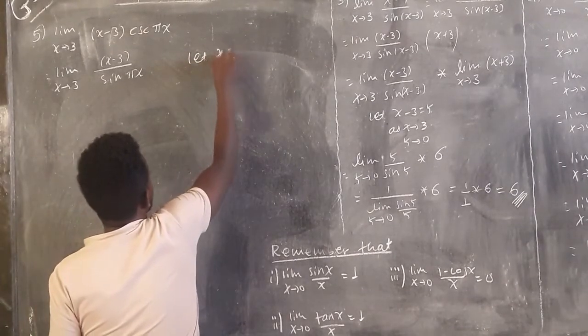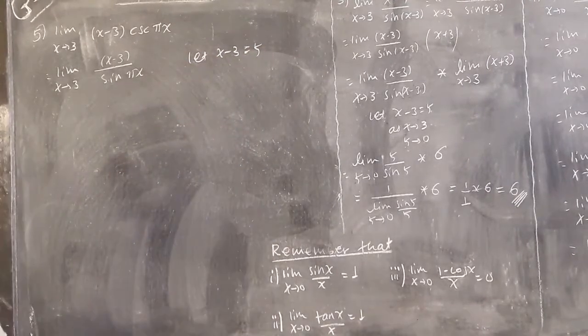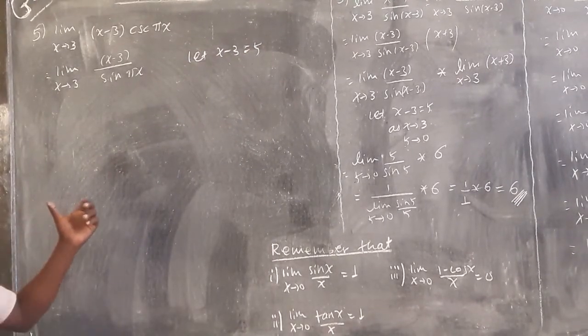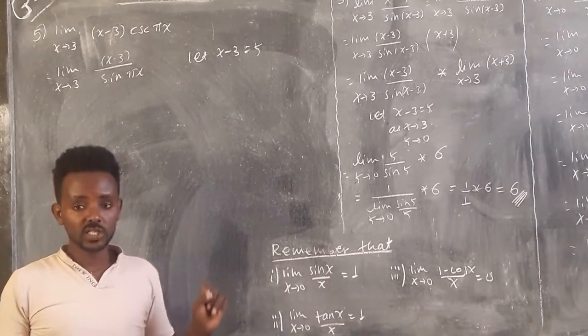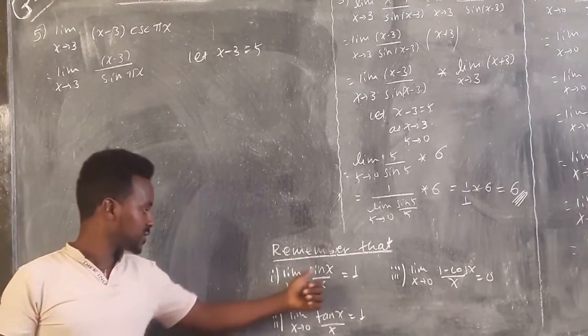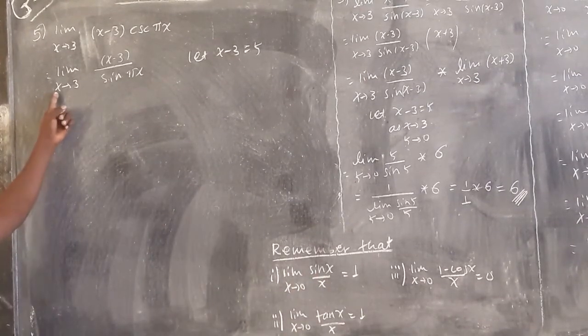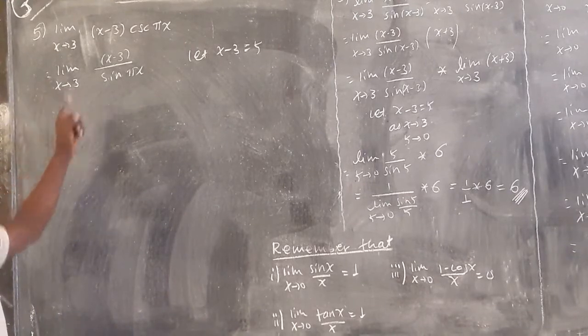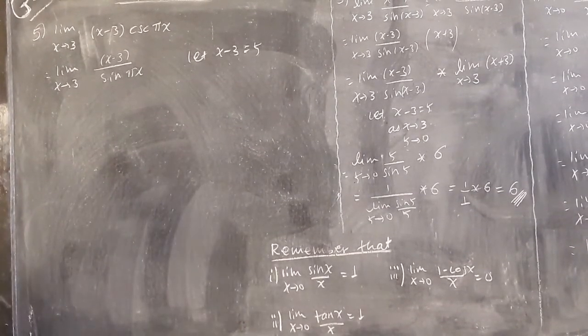And let x minus 3 be y. In order to rewrite the example in terms of the special limit of sin x over x as x approaches 0 being 1, you have to rewrite this in terms of y, as y approaches 0.